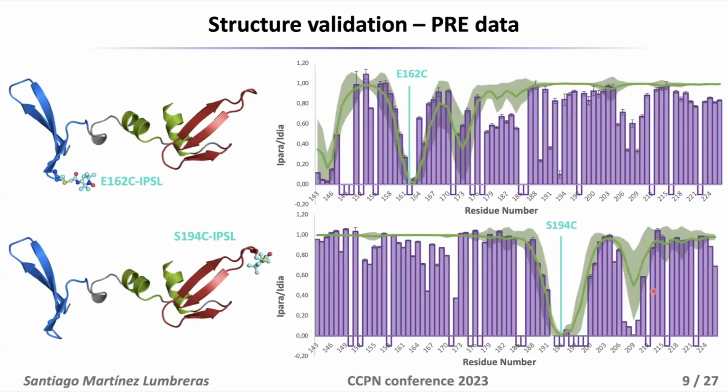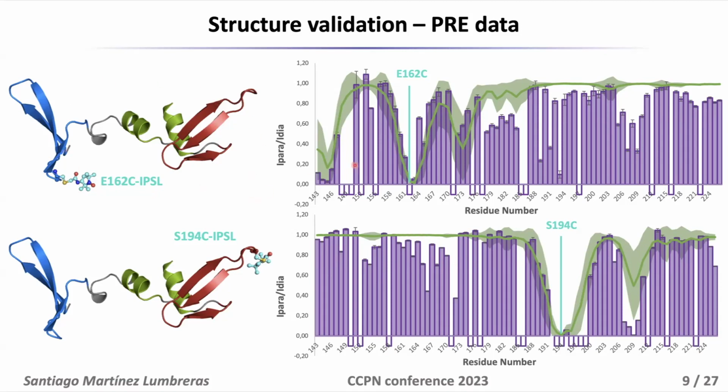We also acquired paramagnetic relaxation enhancement data, in which we label several positions in the tandem with a spin label. It has an unpaired electron, and this produces relaxation in the signals that are in a certain range. This is using NMR to get long range distances.